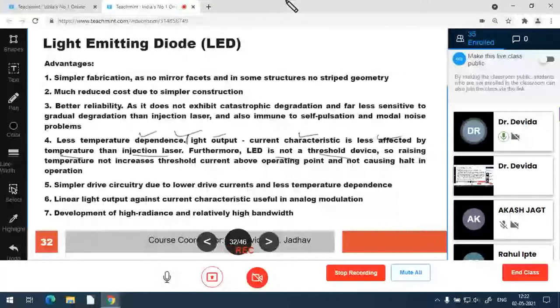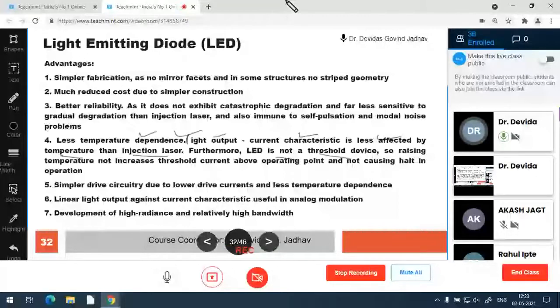Very small current input gives very small optical output. This is not observed in a laser. Laser requires a minimum threshold current. Below that threshold current, no lasing starts and no optical output is observed. Above threshold, laser action starts and then optical output begins. This is not in the LED.